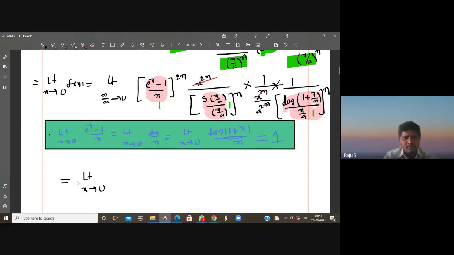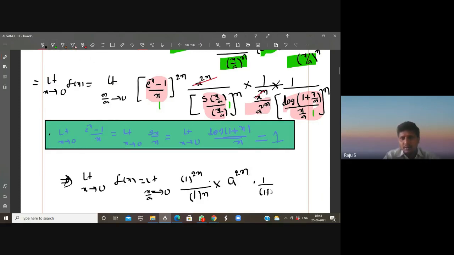Limit x tends to 0, f of x value is, limit x by a tends to 0, the remaining value is 1 power 2n by 1 power n into, see here, 1 by x power 2n by a power 2n. Shall I take this into the numerator? We'll write this value. So this a power 2n we take into the numerator, so finally this is equal to a power 2n.